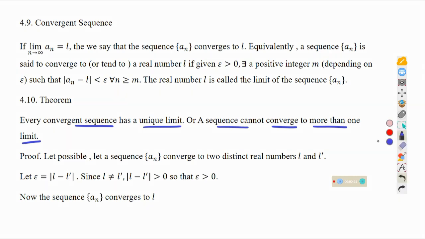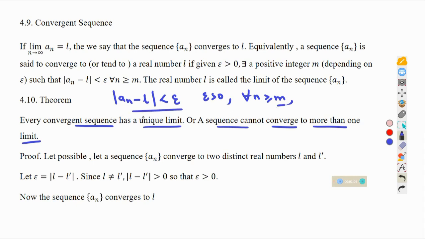It is very important that before we prove the theorem, we recall the definition of a convergent sequence. A sequence is said to be convergent if the absolute value of an minus L is less than epsilon. Remember, epsilon is a positive real number, and this must be true for all n greater or equal to m. Remember, m is a positive integer that depends on epsilon.